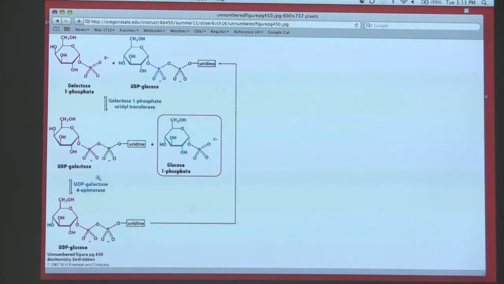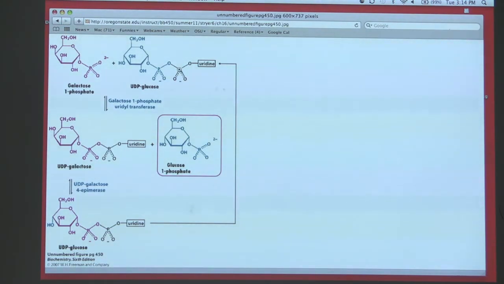So UDP galactose goes to UDP glucose, right? And then UDP glucose comes back up here and starts the whole process again, right? So each time when we release a glucose 1-phosphate, it was the previous galactose that this guy had bound to, all right? The previous galactose it had bound to. There we go. Does that make sense?